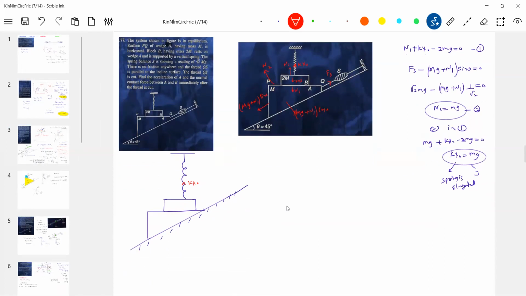Okay, let's get into the next part of the problem. So this will be M, and 2M is asking what will be these values. This will be N, this will be N. 2mg.